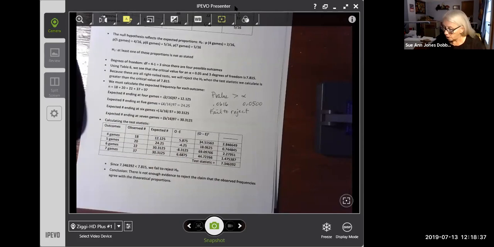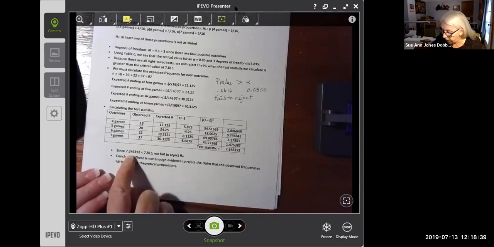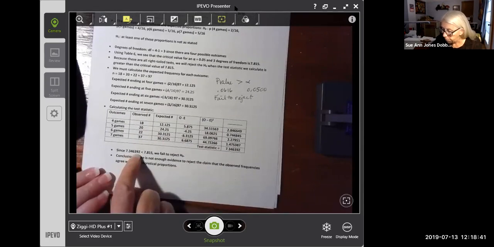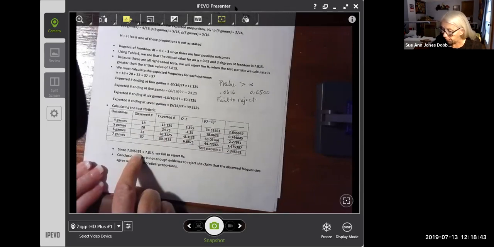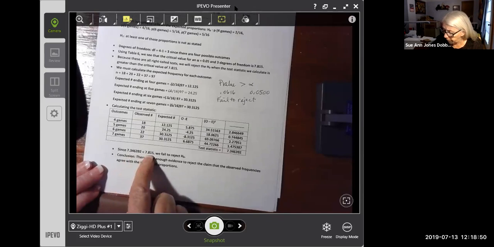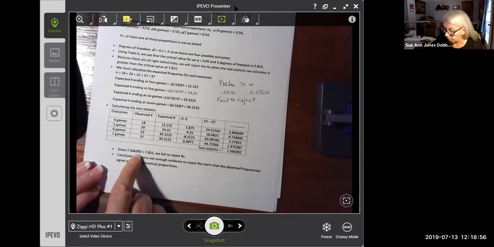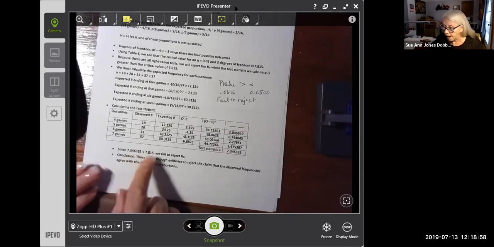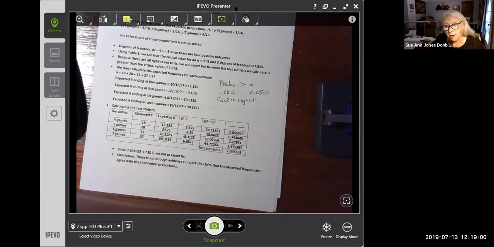So down here, this was the value of the test statistic. And if you had looked up the critical value for this thing, it would have been 7.815. Again, this value is to the left of this value, and all of these are right-tailed tests. So it would again indicate that we failed to reject the null hypothesis.